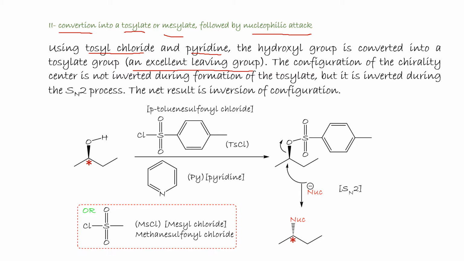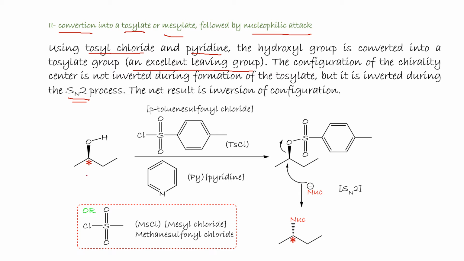The configuration of the chirality center is not inverted during the formation of tosylate, because the reaction actually occurs on the OH, not on the chiral center. But it is inverted during the SN2 when you react the tosylate with a nucleophile. The net result is inversion of configuration.